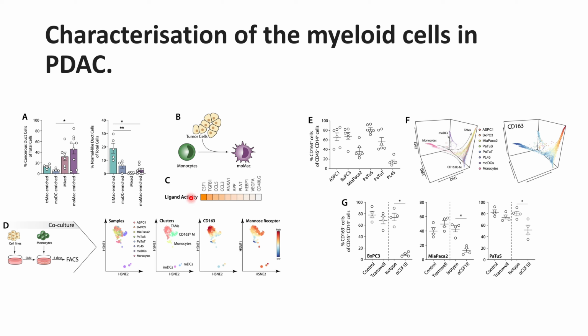In order to validate this in silico analysis, they did a co-culture experiment of different pancreatic cell lines with these monocytes, and they were able to cluster the cells into different populations, that is tumor associated macrophages and CD163 low monocytes. So in this analysis, they considered tumor-associated macrophages as those with the CD163 marker, and the cells that do not have the CD163 marker are considered as the myeloid population, the CD163 low population.